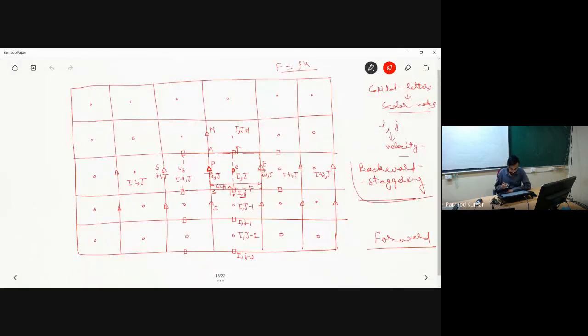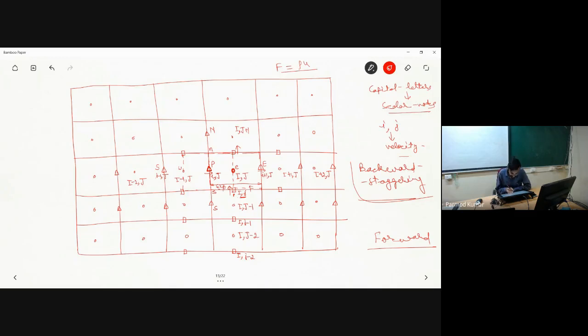Yeah, so now can you tell me which one is our scalar control volume and what is the node point corresponding to the scalar control volume? Capital I, capital J. Yes, capital I comma capital J is the node point corresponding to our scalar control volume. So this boundary, whatever I am showing over here, becomes part of the scalar control volume.